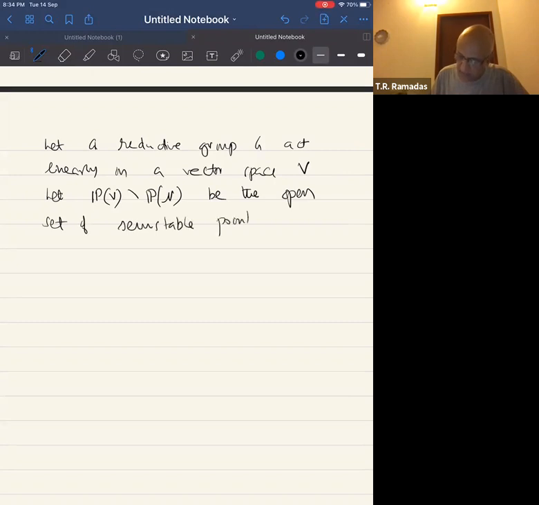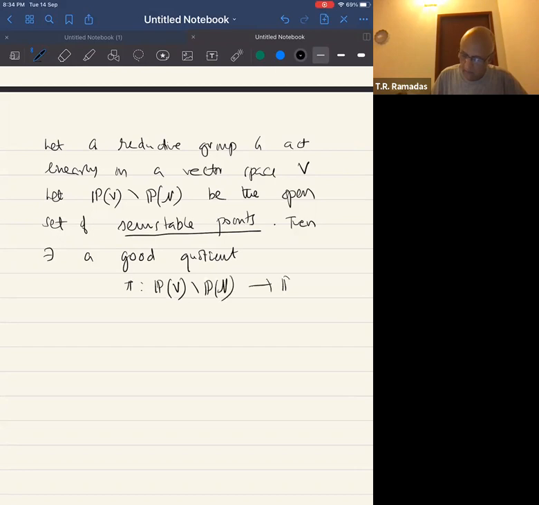So I'm defining semi-stable points as the complement of the projectivized null cone. We will come to a more intrinsic, a more explicit definition of those. Then there exists a good quotient with the projective variety.